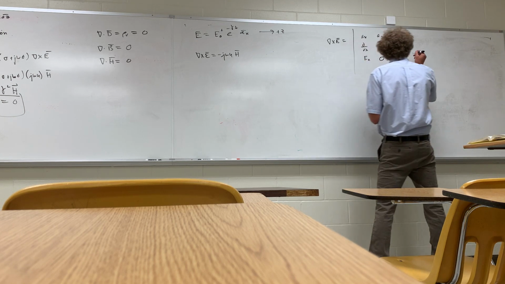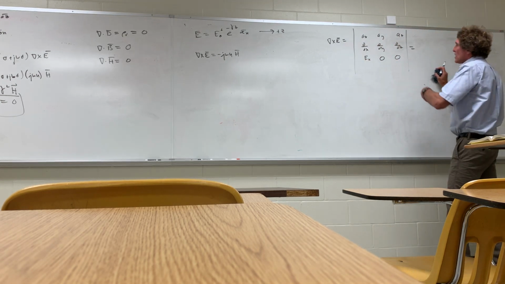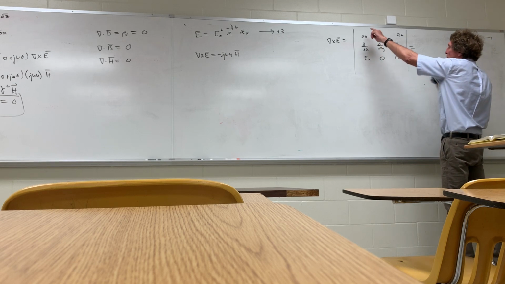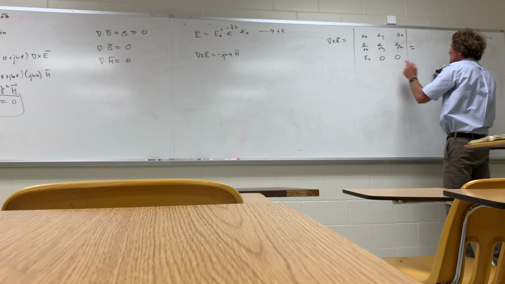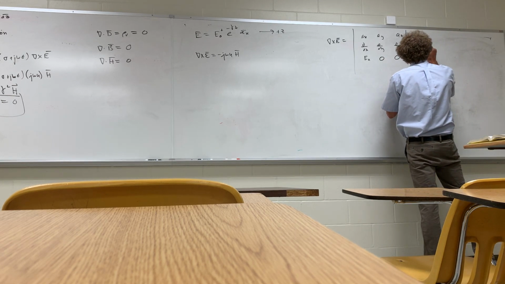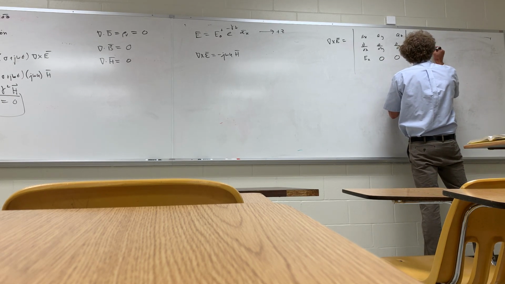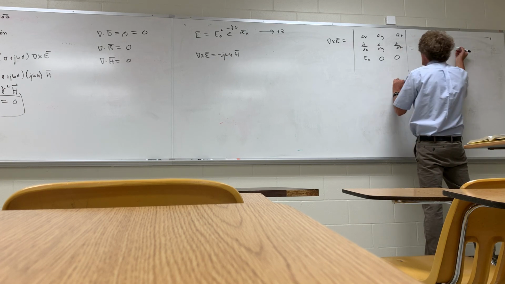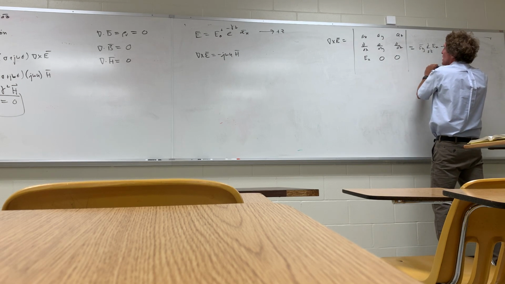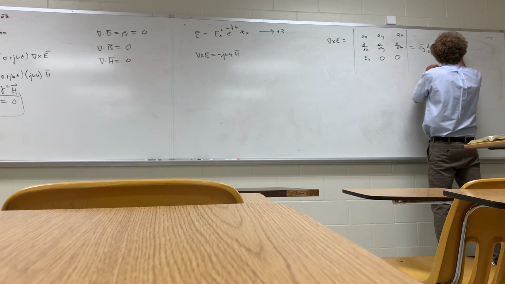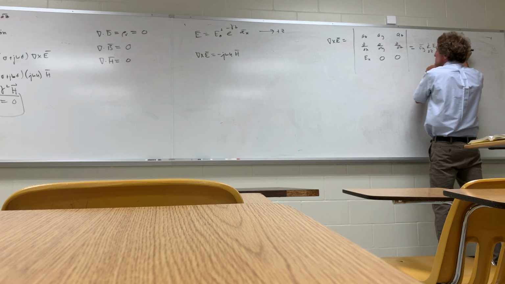Now when I look at this curl, I go down the diagonal. I start at a_y, d/dz of E_x, so I have a_y d/dz of E_x, minus, going this way, minus d/dy of E_x a_z.